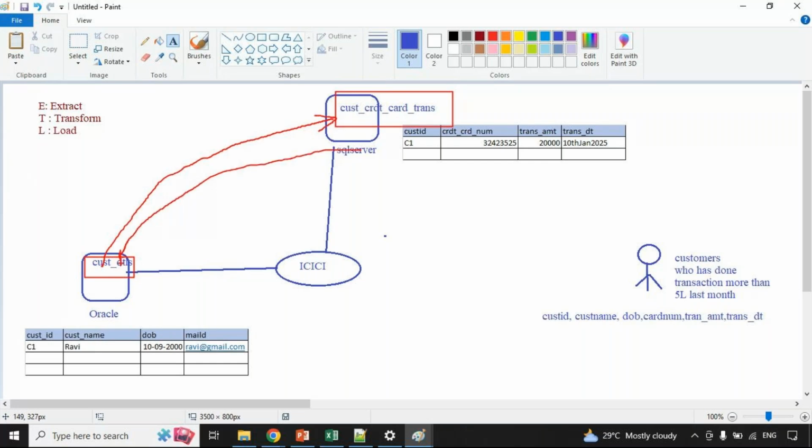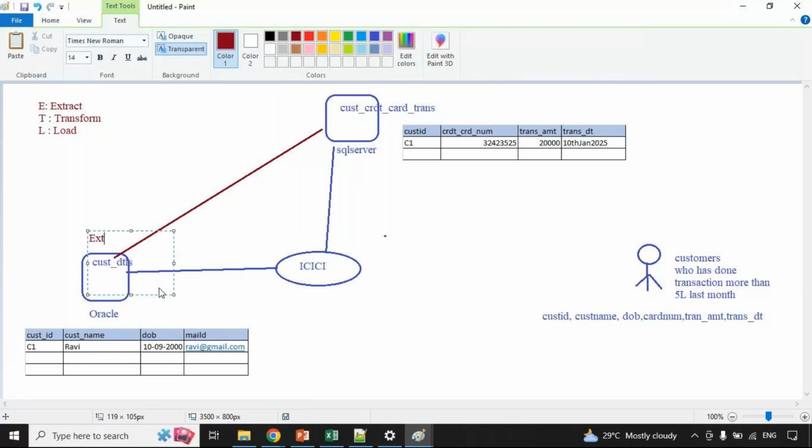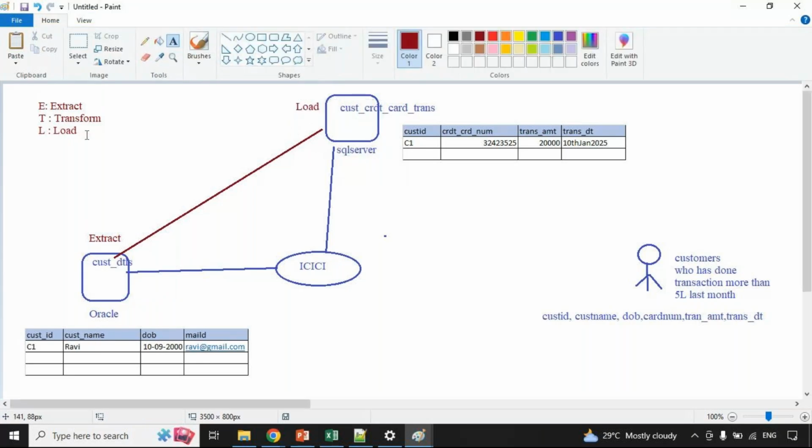So here ETL is a process. Consider I am going to extract the data from the Oracle and load the data into the SQL Server. So here I am going to extract from here and load it into here. Then what is T?